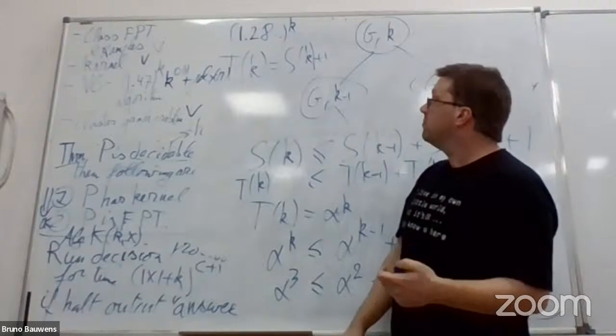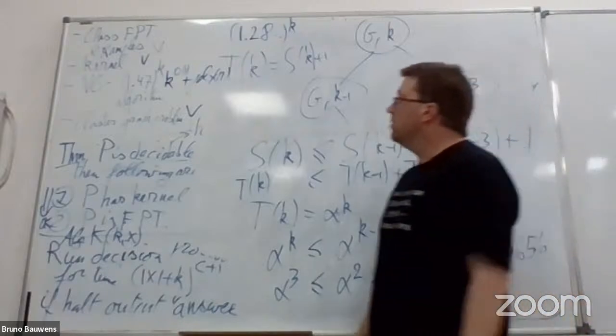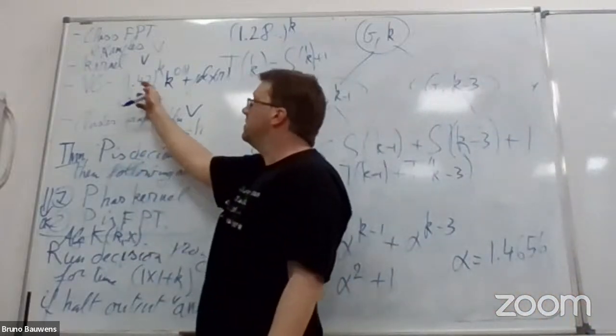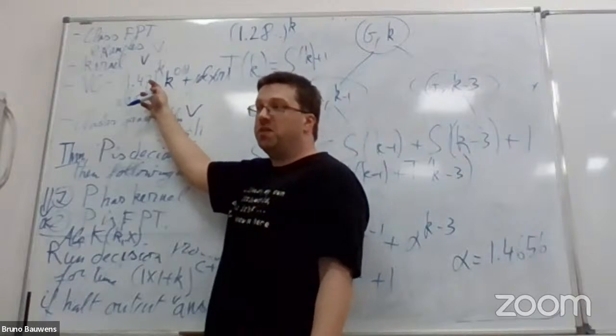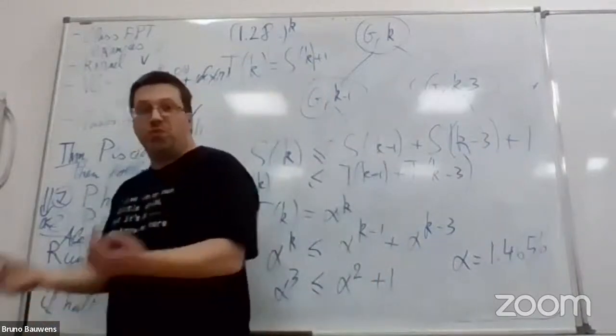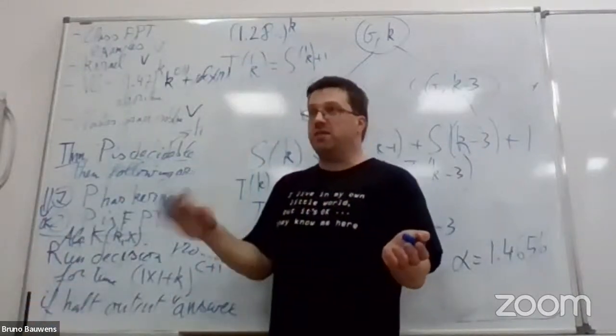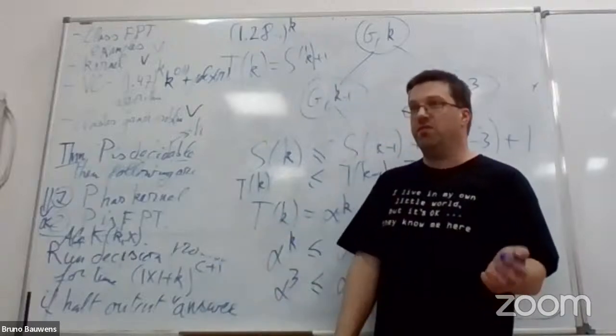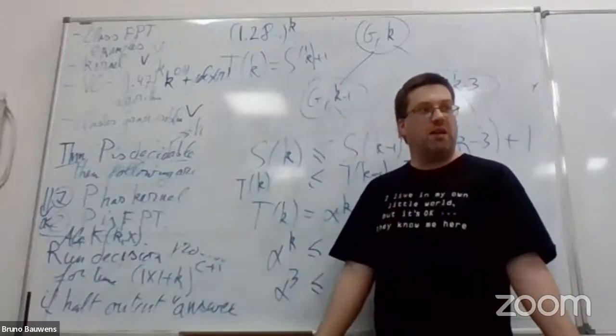Well, with this, you can have, this is basically square root 2, a little bit more, 1.414, and this is 1.47. So with brute force, you can go up to 80 in seconds, maybe 120 if you wait a long time.